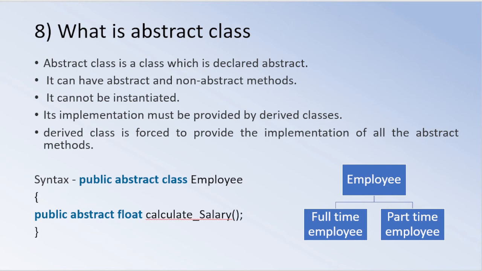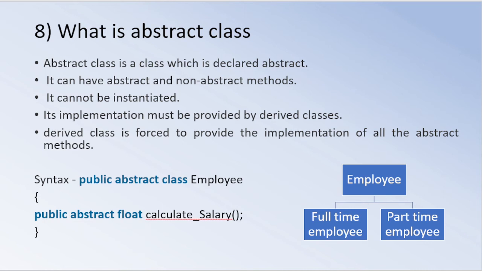Consider we have a class with the name Employee, which will be inherited by a FullTimeEmployee class and a PartTimeEmployee class. So all common fields and methods of the FullTimeEmployee class and PartTimeEmployee class are defined or declared in our base class, that is the Employee class, as they can be inherited by the derived classes. But for both types of employees, the salary calculation method will have a different implementation.